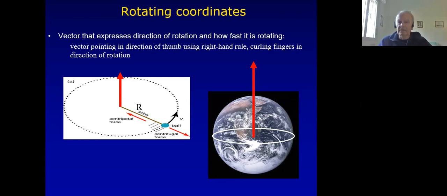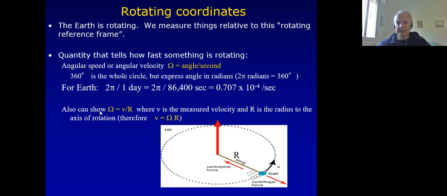In the specific case of rotation, the vector points in the direction of the thumb, using the right-hand rule, curling fingers in the direction of rotation. This gives you the direction of the rotation vector, and the magnitude of this rotation vector is the angular speed.